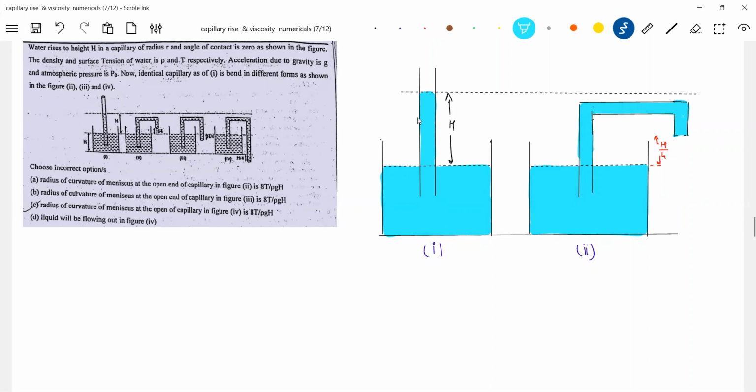Are you seeing curvature there? Appearing flat.